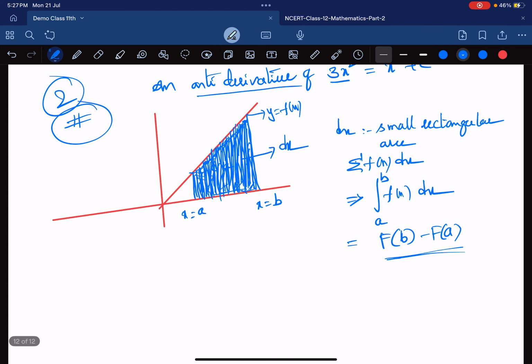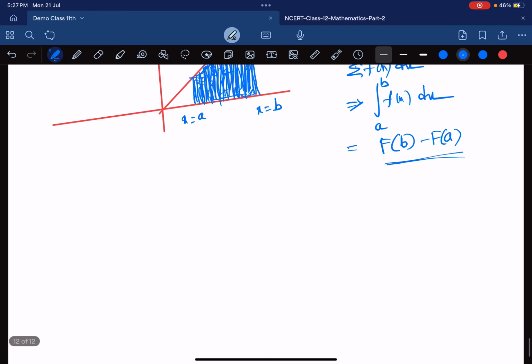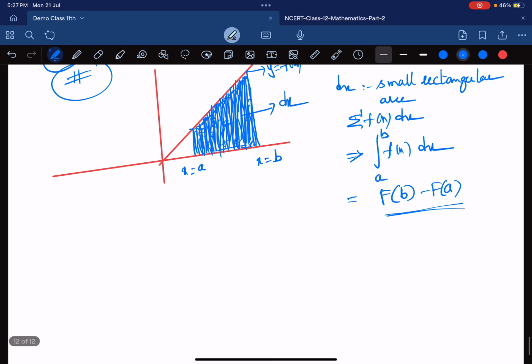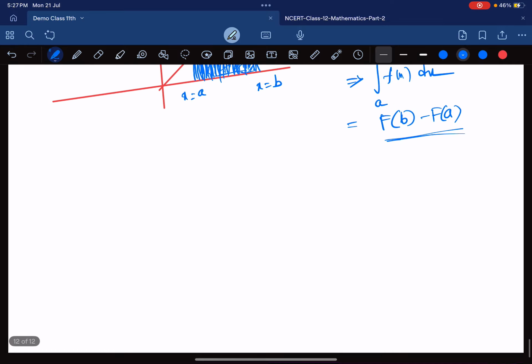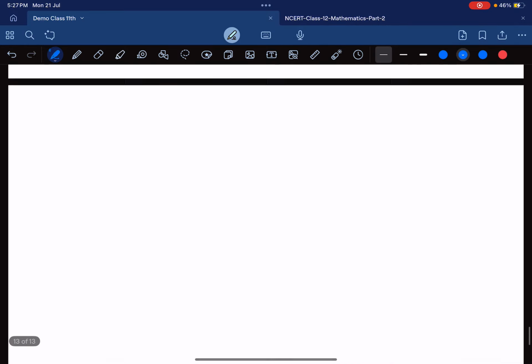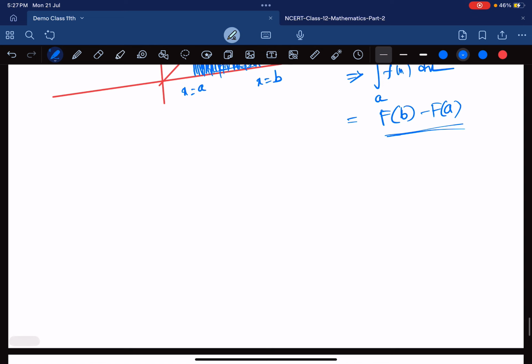Now we will discuss the symbolic form of integration. What is the symbolic form of integration? That is integral of f of x dx. It represents the integral of f with respect to x.